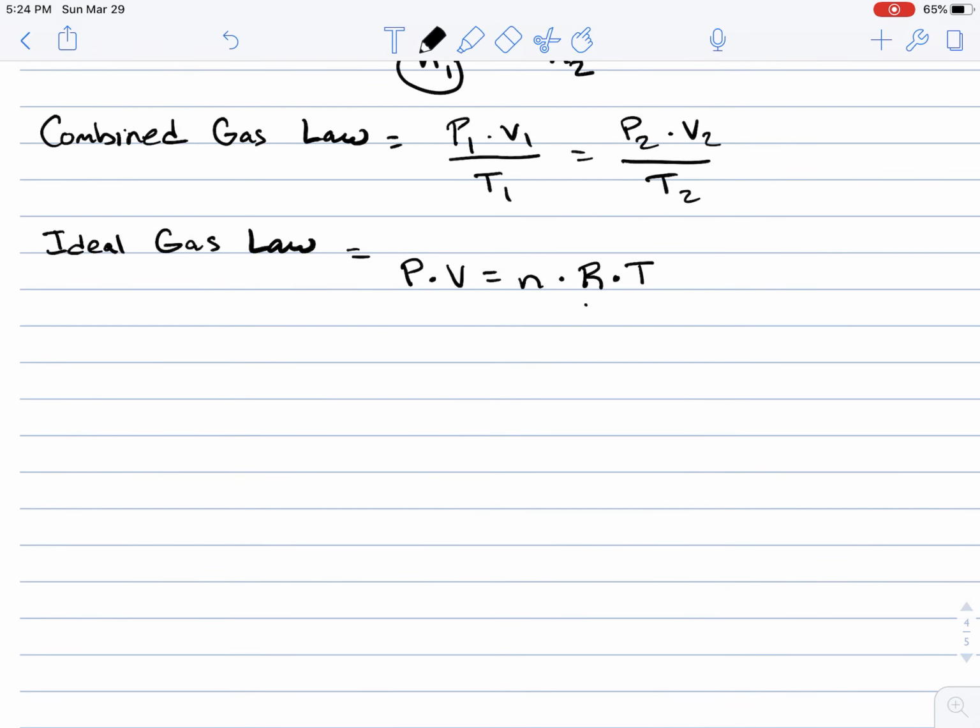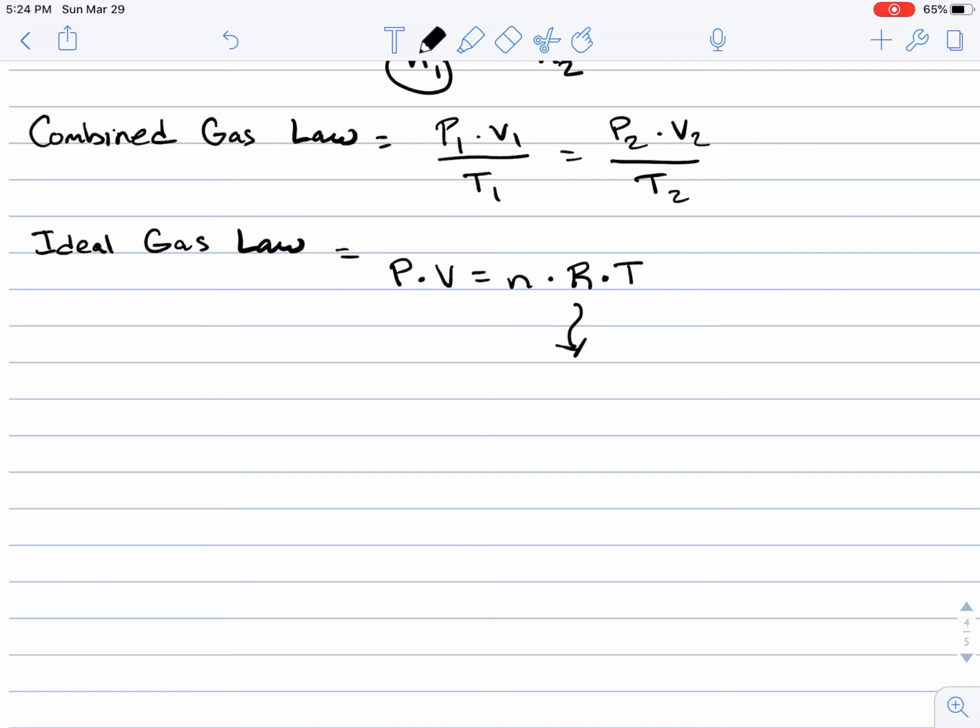One thing that I want to mention about the ideal gas law when you guys are using this is the units. Please remember that the units for the ideal gas law are liters, atmospheres, moles, and Kelvin.